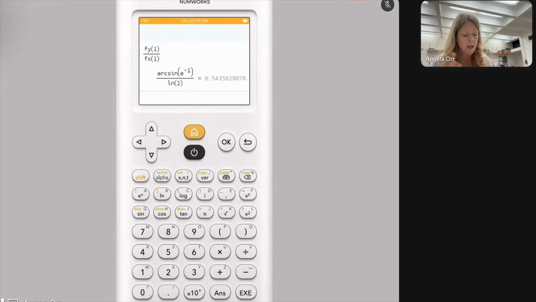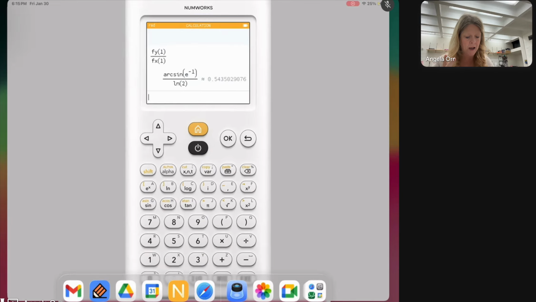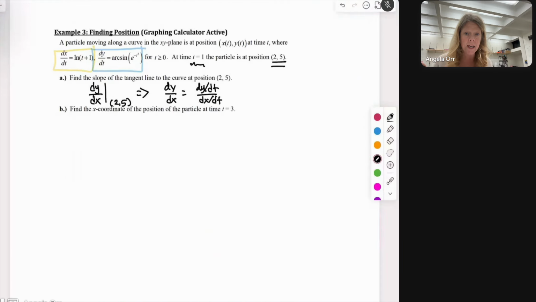All right, so now let's go back to the question. The second question wants to know what the x coordinate of the position is at time t equals 3. Well, I know that if I take the integral of my velocity, I get position.